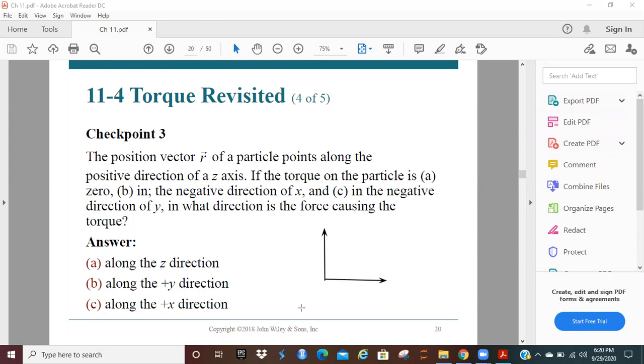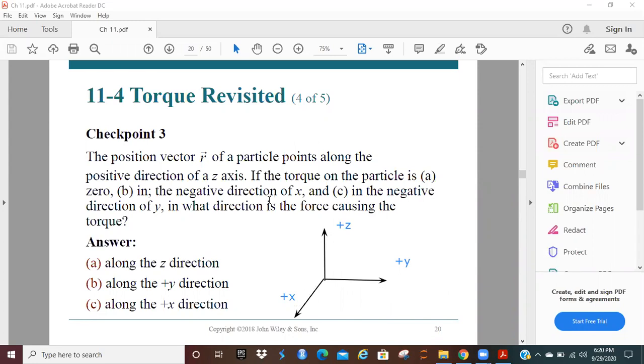And then I'm going to say that the x-axis is over here. And now all of these are going to be considered positive. So positive y, and then put this here, positive z. Okay, so this is our set of axes.